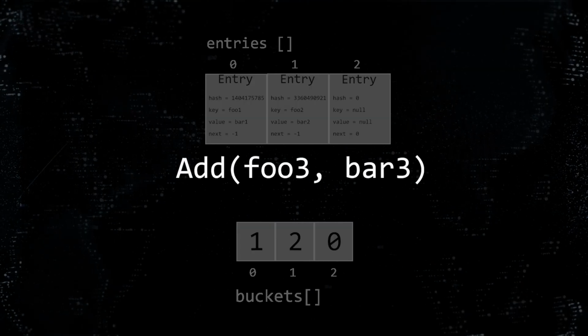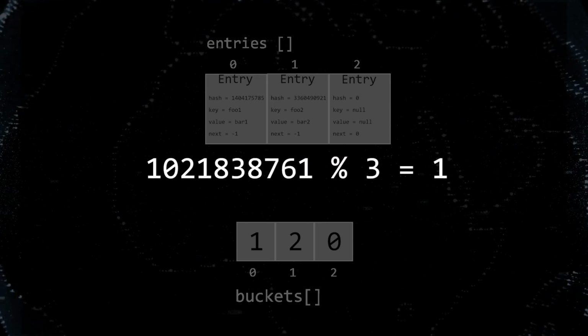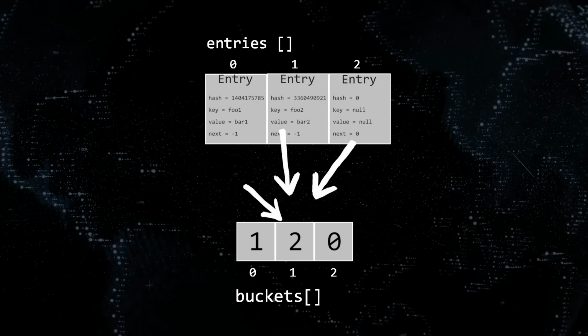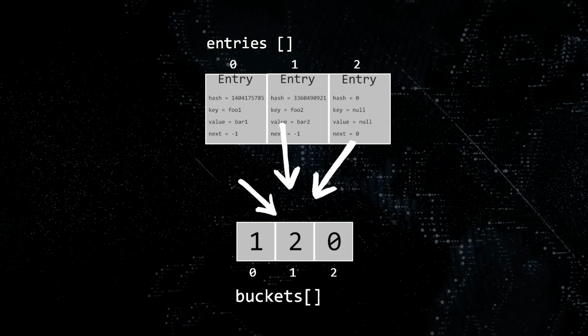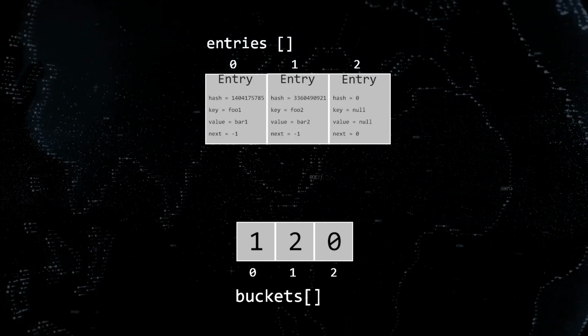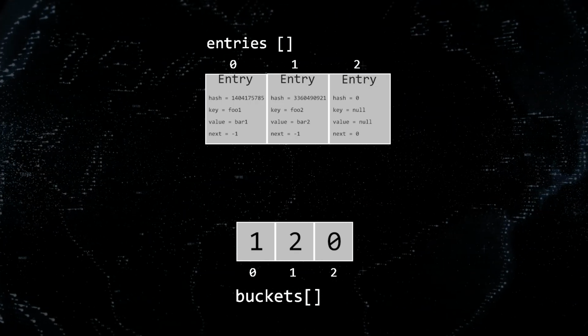The remainder of dividing this hash by 3 is 1, and this is a collision, because at index 1 in buckets we already have an index pointing to foo2. We would like to put foo3 in the next available place in buckets, but the algorithm doesn't work like that.